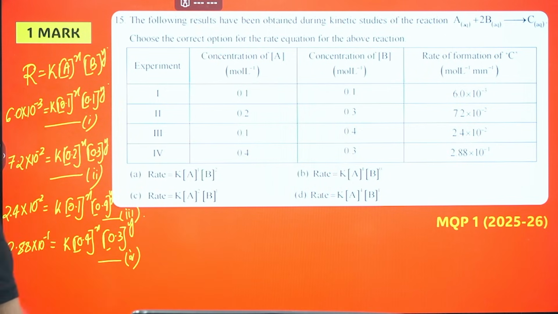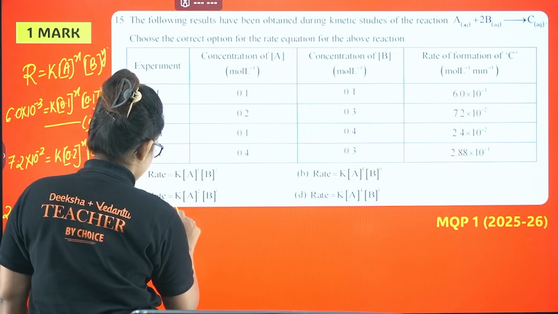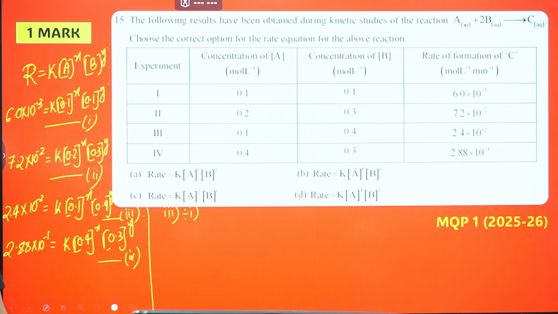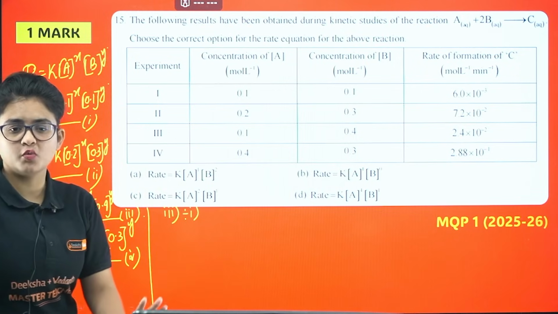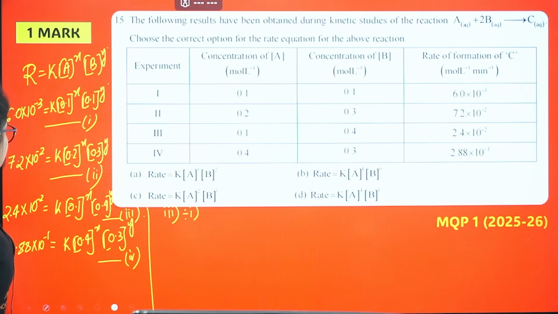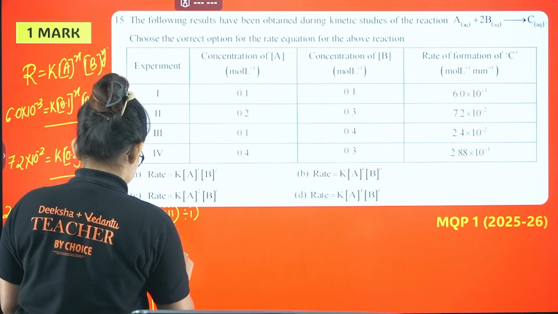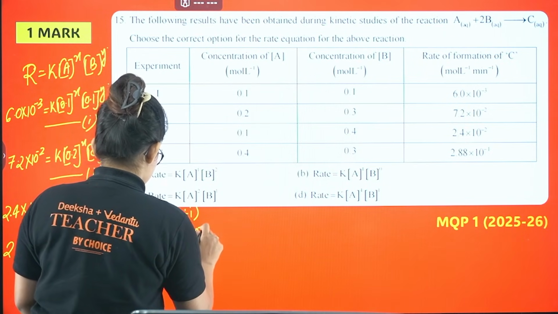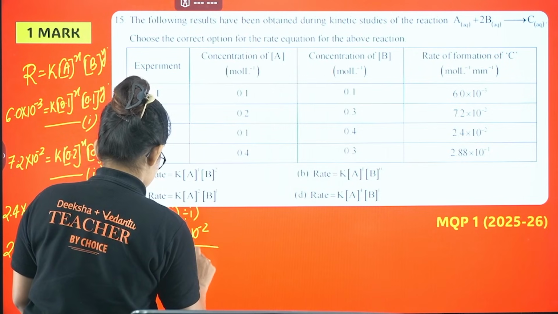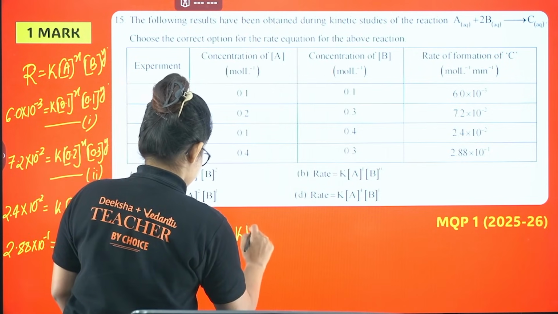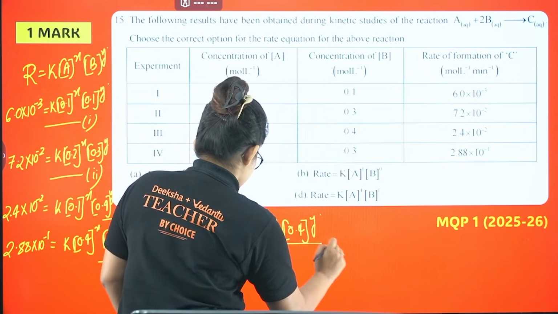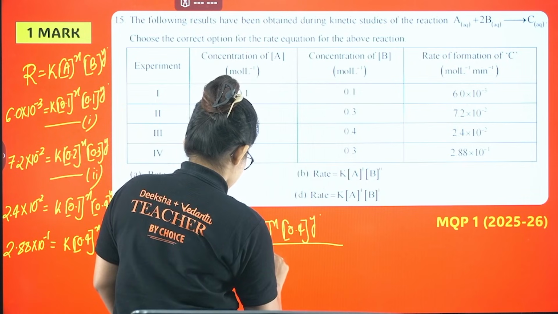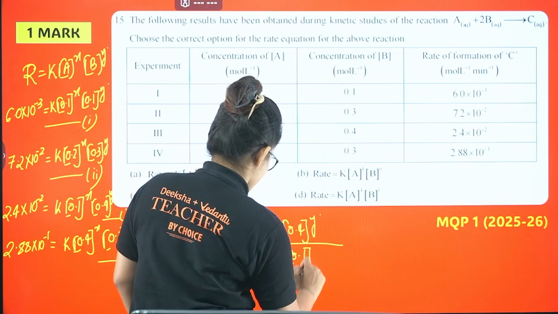So what I am going to do is equation 3 divided by 1. You have to choose such terms so that similar terms get cancelled out and you can get at least a common term for x or for y. So I am doing 3 by 1. Let's do 2.4 into 10 power minus 2 divided by 6.0 into 10 power minus 3 equals K into 0.1 power x into 0.4 power y divided by K into 0.1 power x into 0.1 power y.